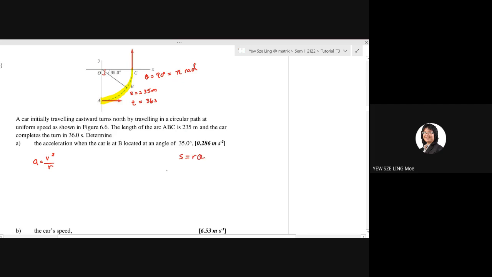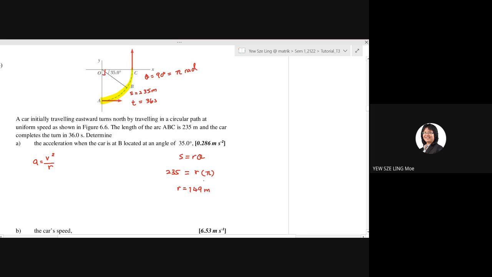S given is 235 meters from A to C. R is unknown, but we know theta is 90 degrees. So from here we can determine the radius of the circle, where R equals 149 meters.